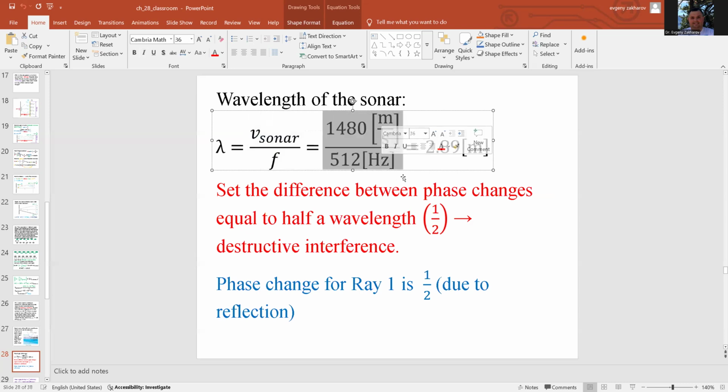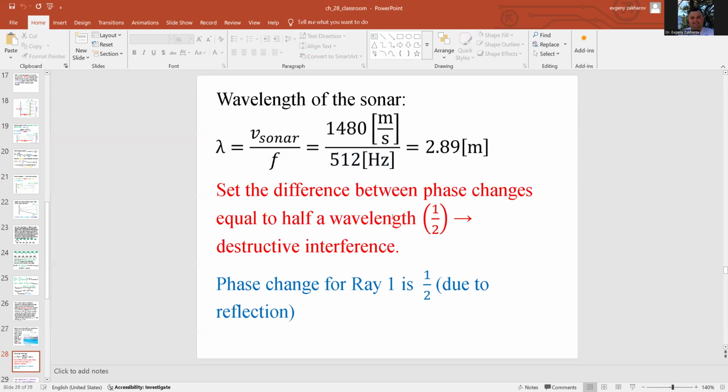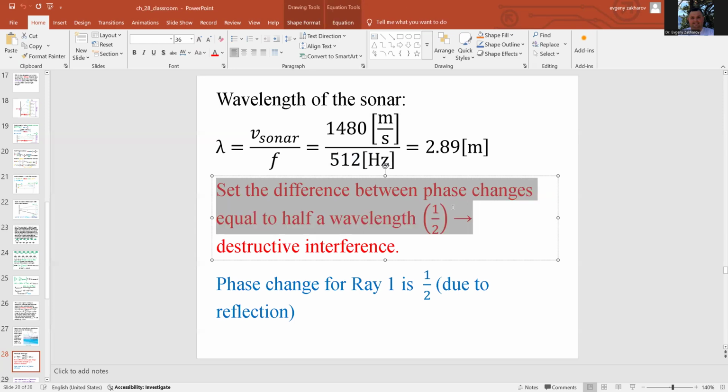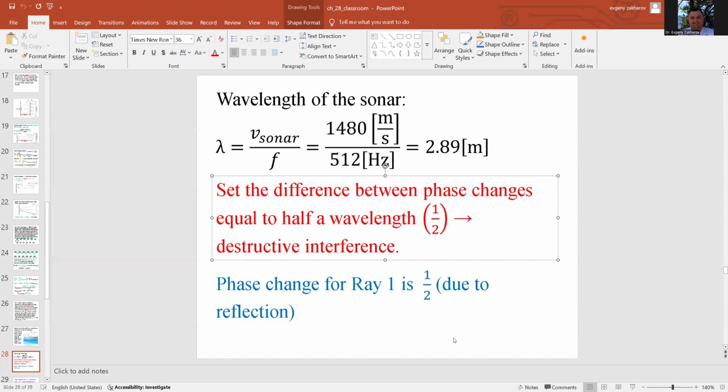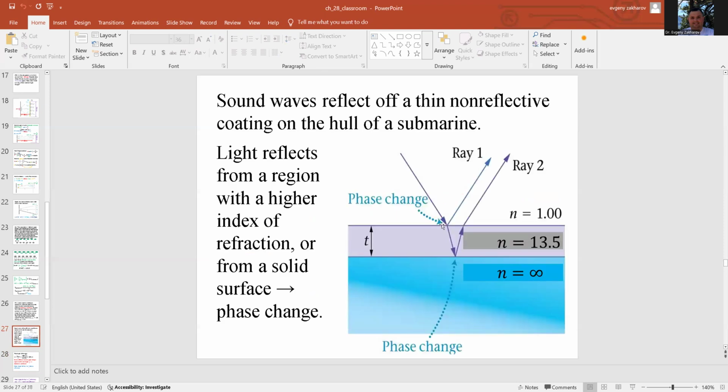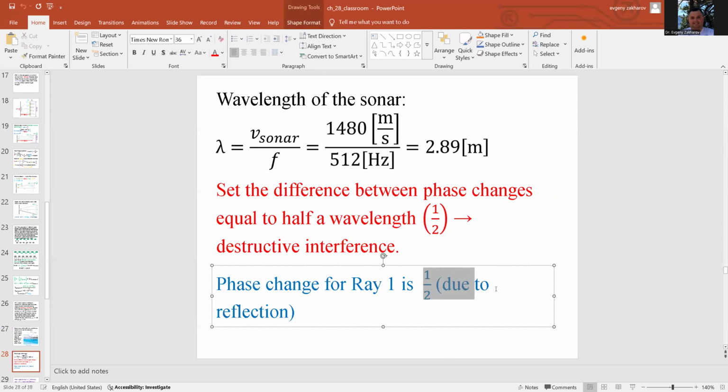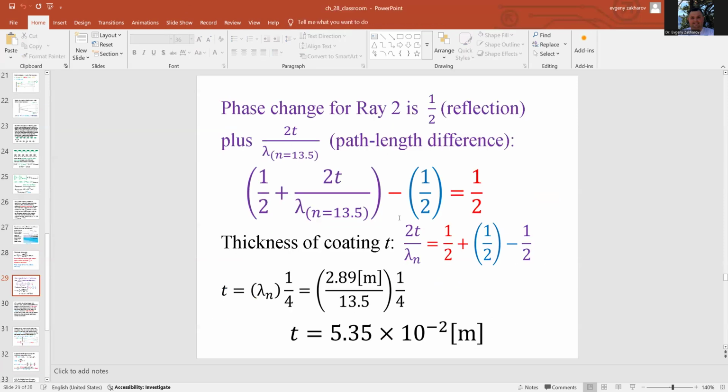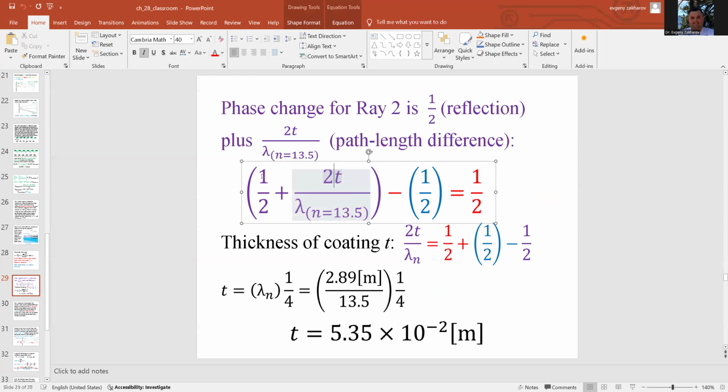The speed and the frequency are both given. So we get a certain wavelength of 2.89 meters this time. And once again, the rule is for every phase change, you get half of a wavelength to produce the destructive interference. And then the phase change here is another one half due to reflection. So combine those one halves together to get the final formula.